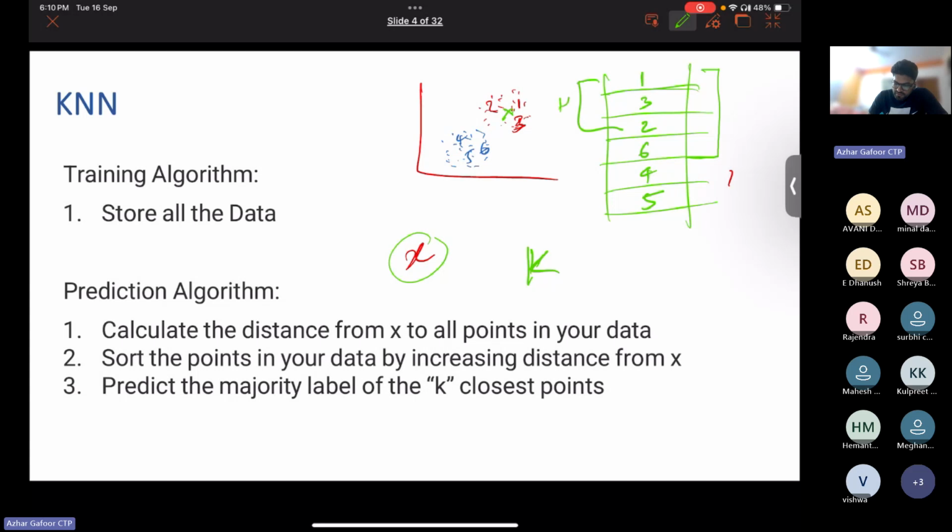From this figure, we know this is a horse and this is a dog. So this point will be horse. Whereas if X was somewhere here and we choose 4 again, we'll have 3 dogs and 1 horse. So this K determines how many closest neighbors we should consider when using K nearest neighbor to predict the new data point's class.